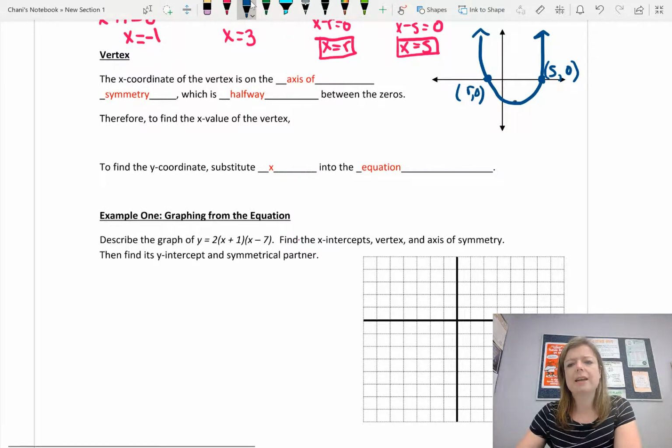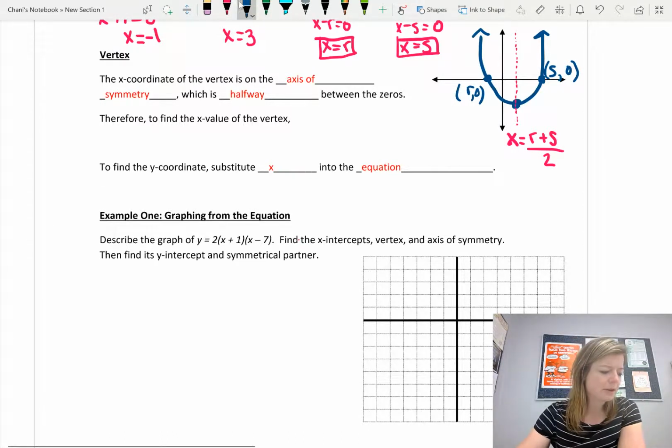The vertex is going to be halfway between them on the axis of symmetry. Remember, the axis of symmetry is halfway between the zeros because it cuts it in half. So the x value of our vertex is just r plus s divided by 2, the halfway point between the two x-intercepts. Again, x is equal to r plus s divided by 2.